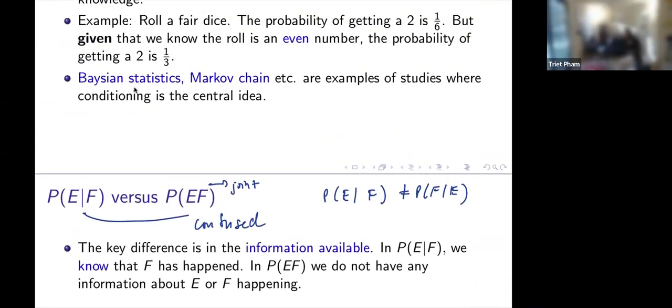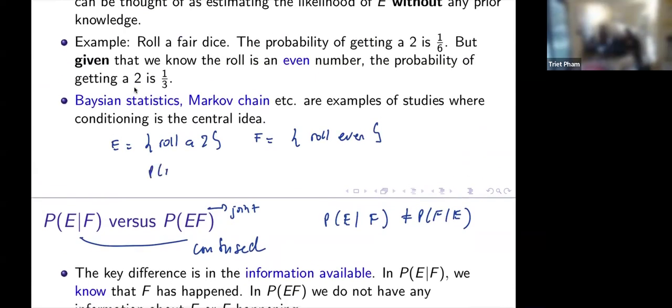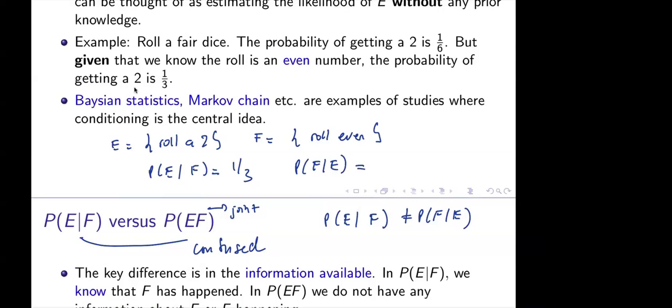Again, let's look at the example where we let E be the event that we roll a 2, and F is the event that we roll an even. So we talked about how P of E given F is 1/3. Now, what is P of F given E? What do you think? 1.